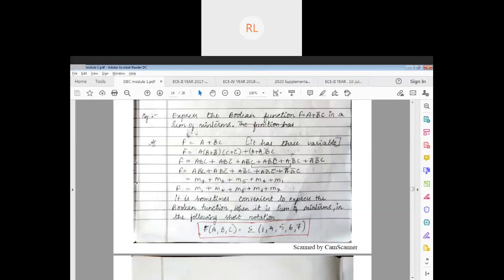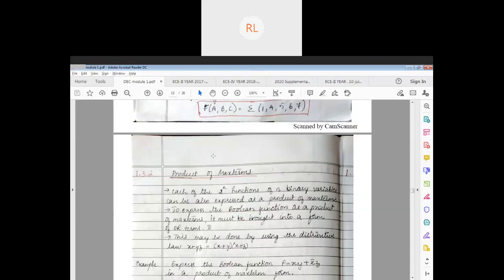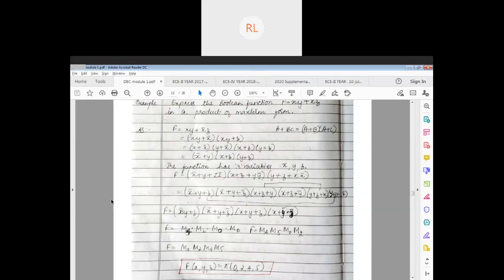Okay, so as of now, we will stop here, and I want you all to write down this. Watch the video. I will be sending the link in some time. So watch the video, write down this, and then you will be able to understand how we are getting the conversion tomorrow, when we start off with our maxterms.